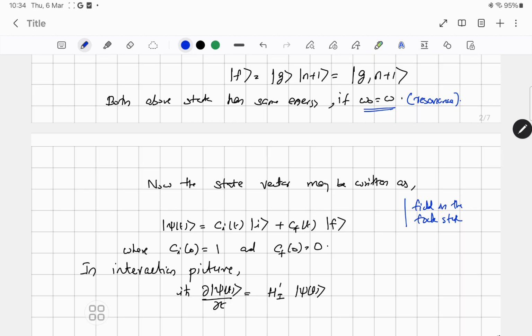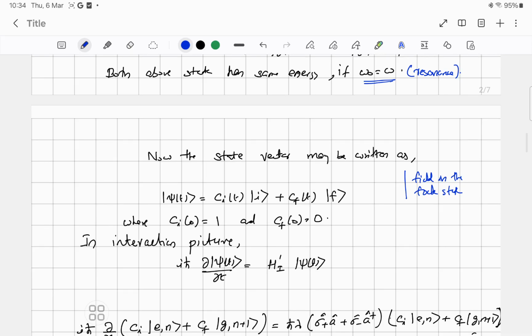We already discussed earlier there is a state called the coherent state for the field. That kind of state we will discuss later. So right now we are assuming the field is in the Fock state, and the atom can have two possible states, either the excited state e or the ground state g. Okay. Now a general state would be the superposition of these two states.